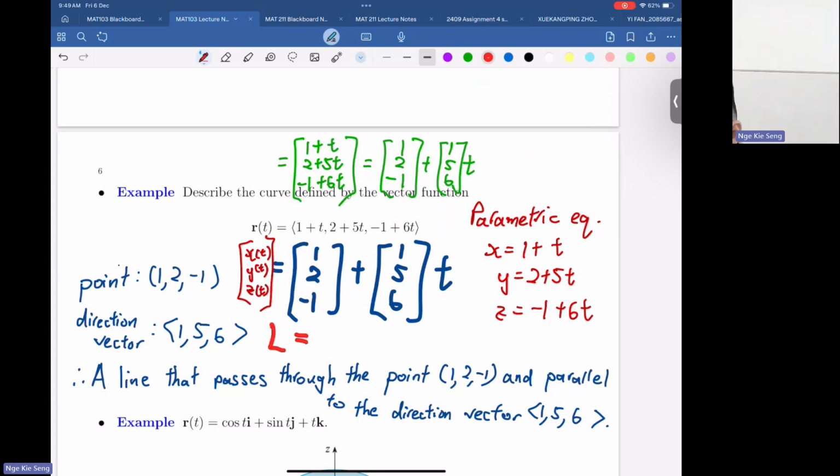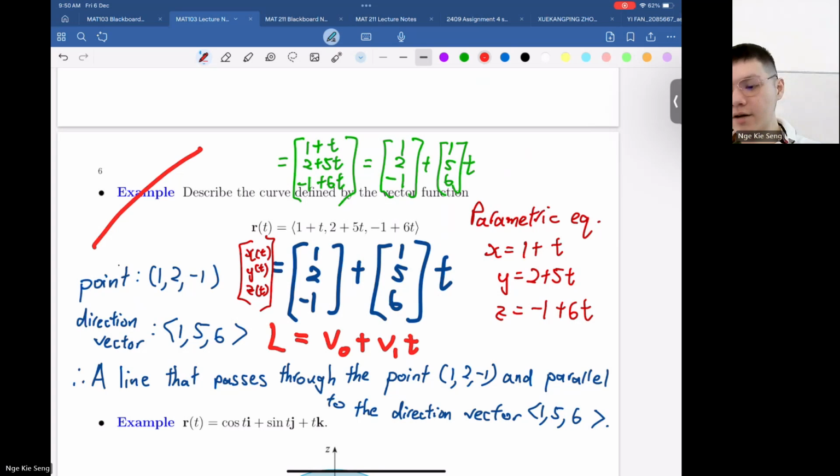A line is equal to a vector plus a vector times t. So how to define a line? If you want to talk about a line, how to describe a line actually?